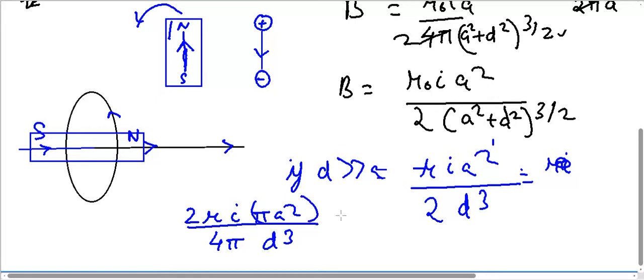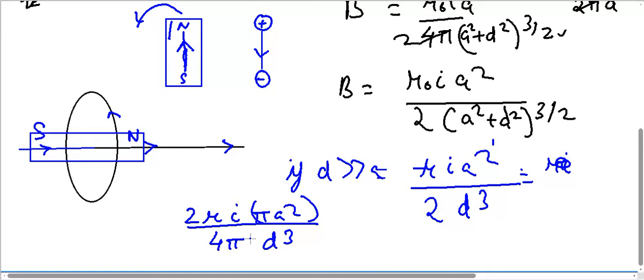What I just did is I multiplied numerator with 2 and denominator with 2, so the numerator has a 2 term here and the denominator becomes 4. I also multiplied numerator and denominator with pi, so there is a term pi in numerator as well as denominator.